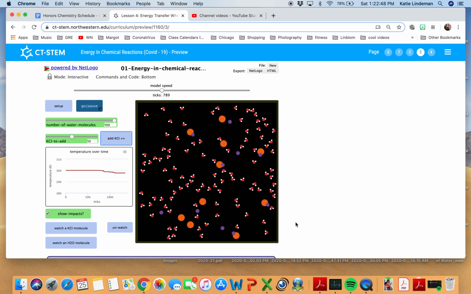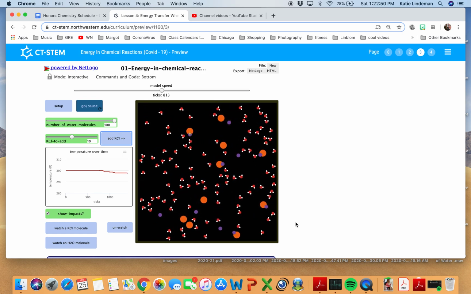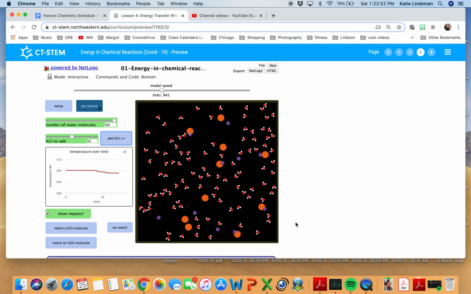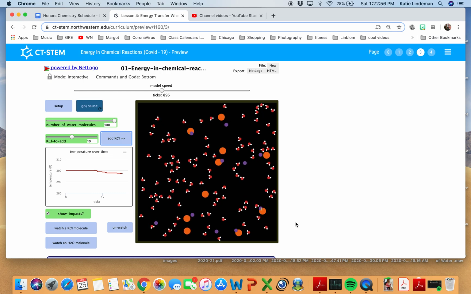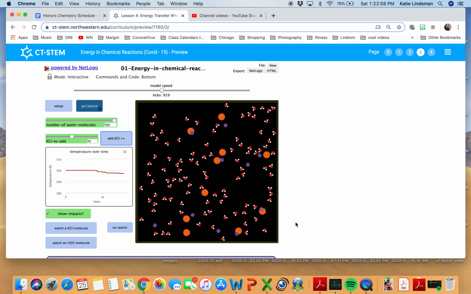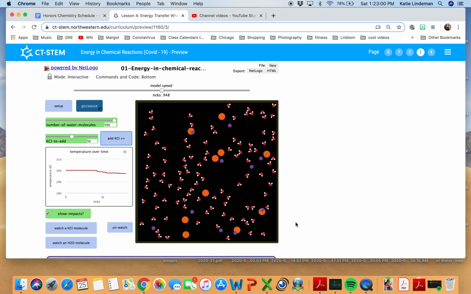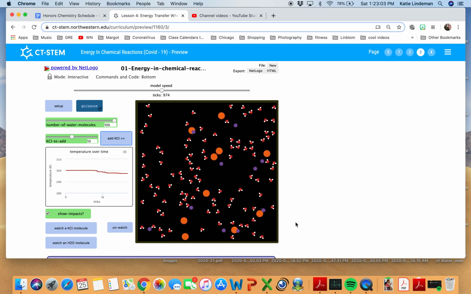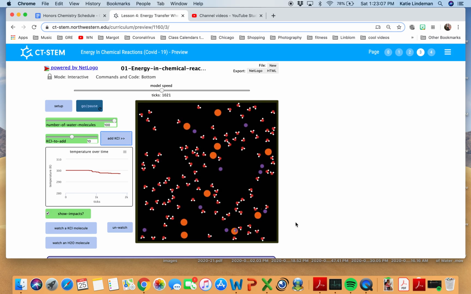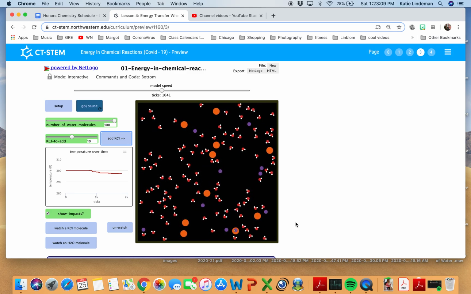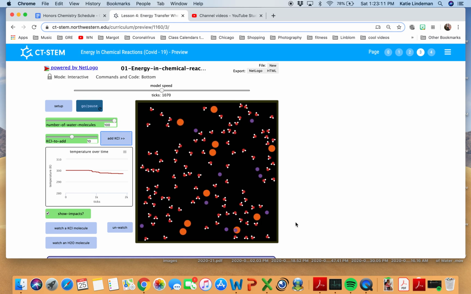Okay, and it's moving slowly so that you can specifically look at these all. You want to zoom in and look at the potassium chlorides that are still together and watch what happens to them until they get broken up, until they separate into two different objects that are moving around in the simulation.